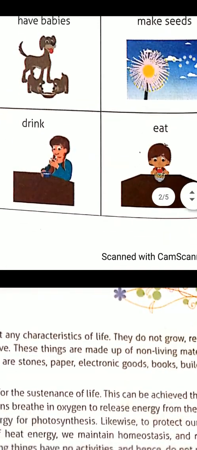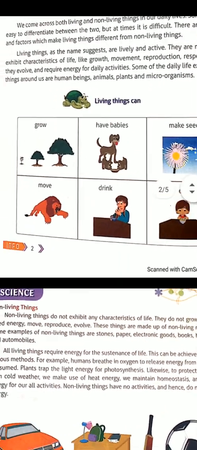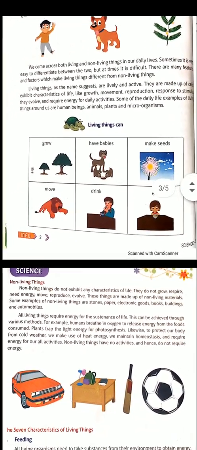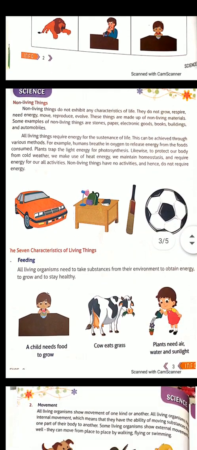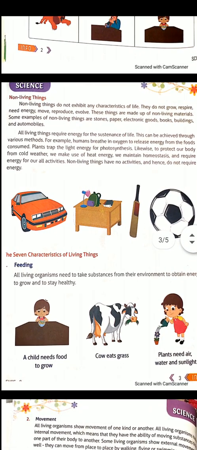Okay, now let us come to non-living things. Again I will be reading. Please follow what I am reading. After I have read everything, I will start the explanation. Non-living things. Non-living things do not exhibit any characteristics of life.